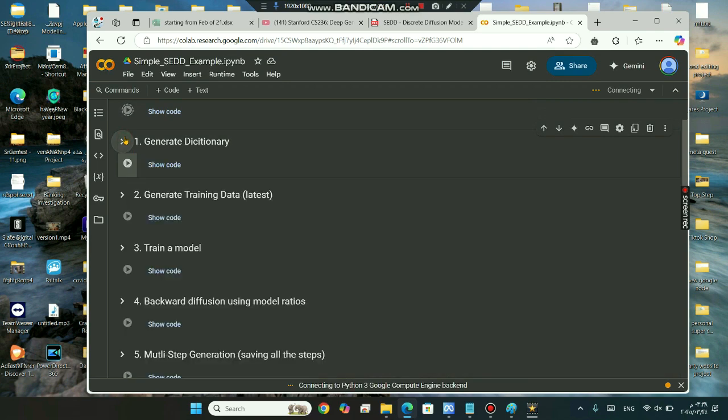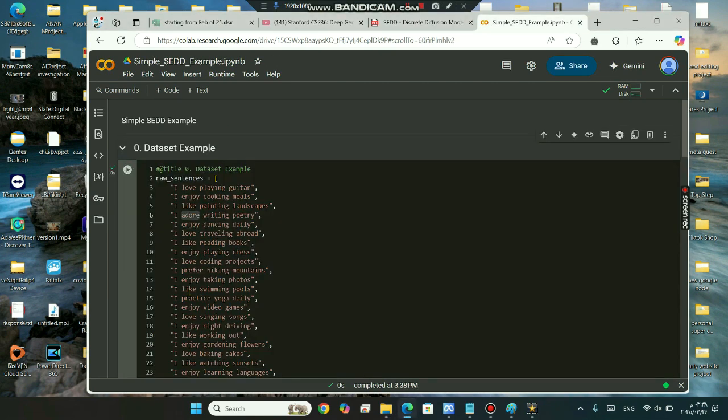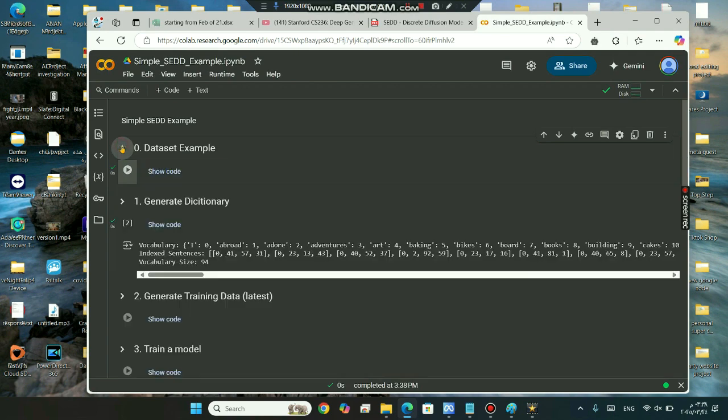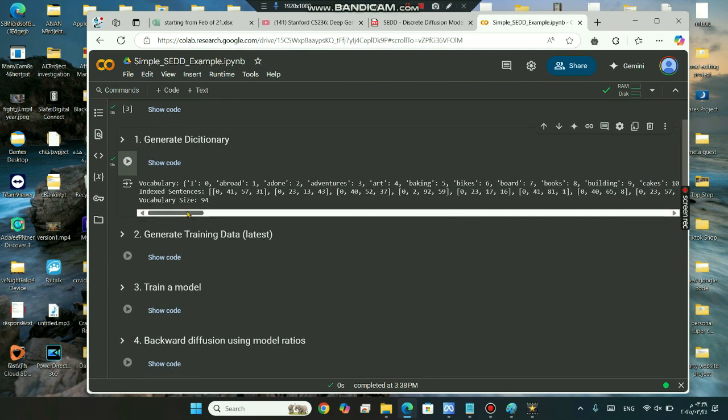work with the words. So right now, I have run this set. I have defined those sentences over here, and I have run this dictionary. So let's have a look at the output. It says that the word I is number 0, the word abroad is number 1, the word adore is number 2, the word adventures is number 3, and so on and so forth.